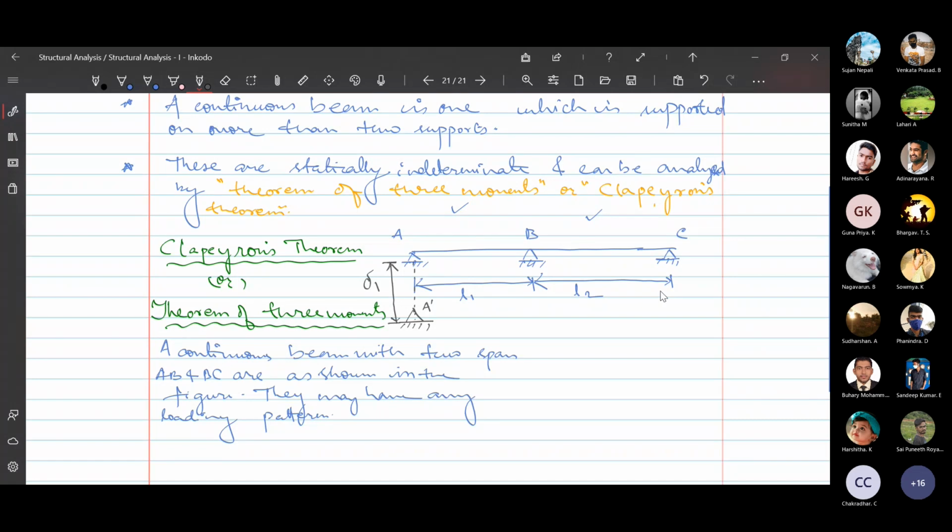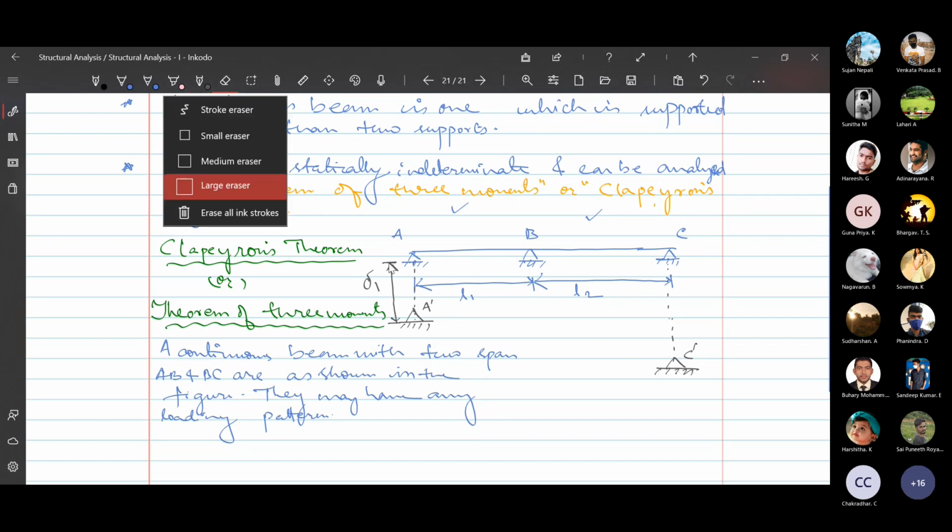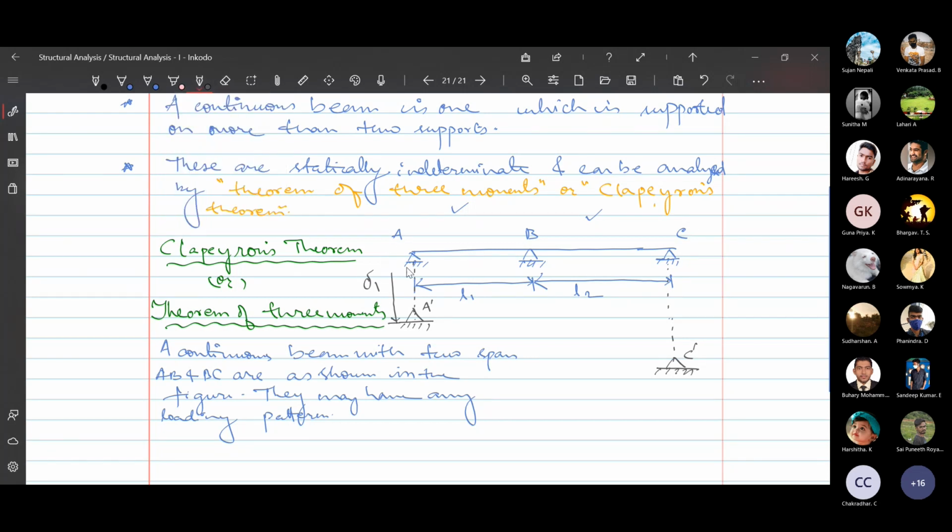Okay, and this support has come down to C dash, and this distance is, let us say, delta 2.